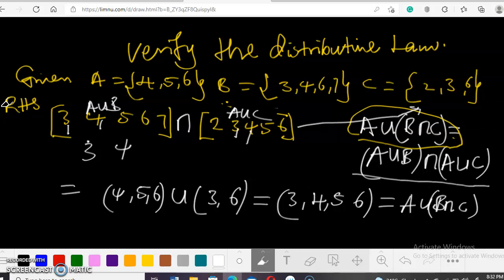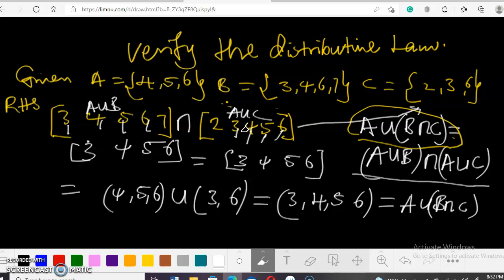We have 5 and we have 5. We also have 6 and we have 6. We have 7 in A union B, but we don't have 7 in A union C. So therefore, our solution for A union B intersection A union C is 3, 4, 5, and 6.